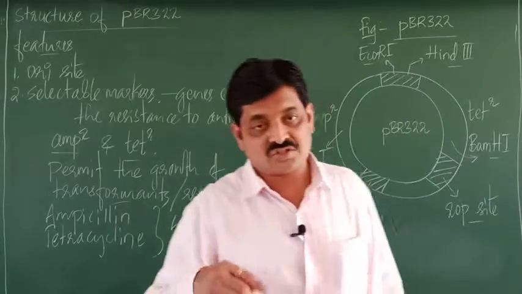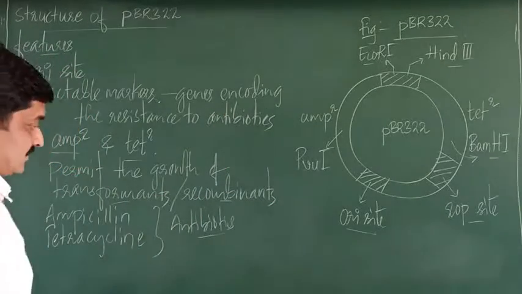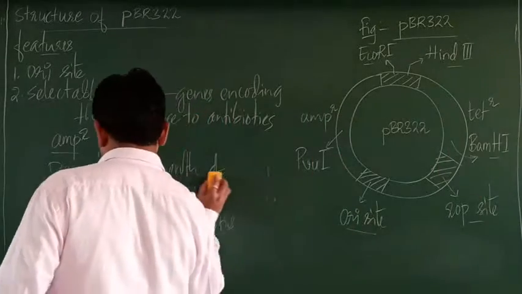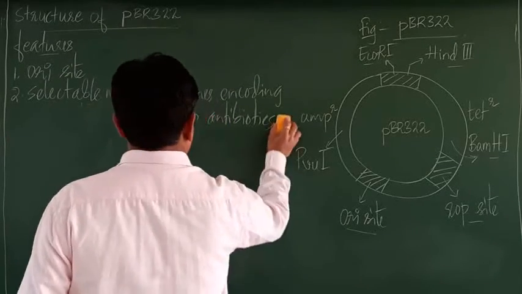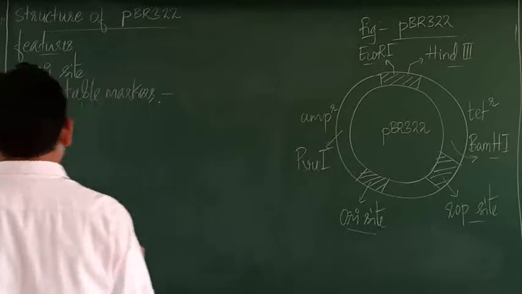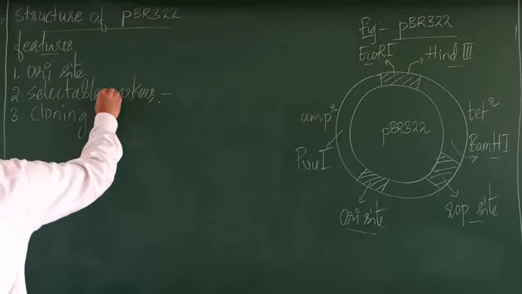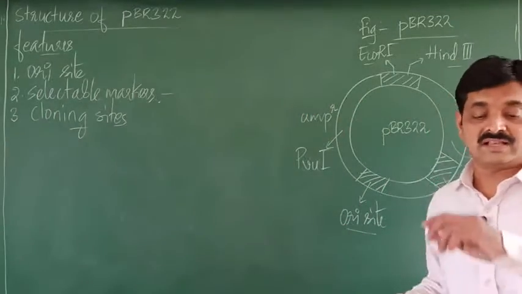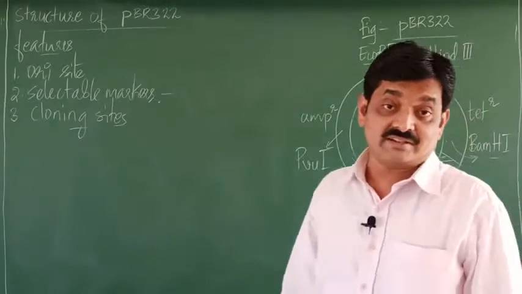Then after this, the next feature here is the cloning sites. So another feature of this plasmid is the presence of cloning sites. So what are these cloning sites?